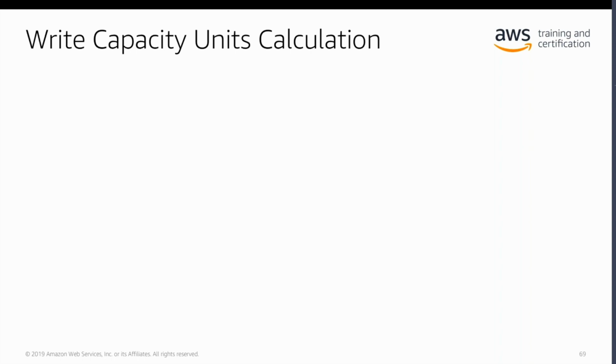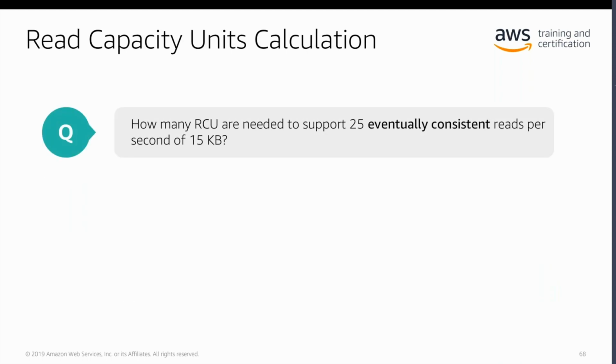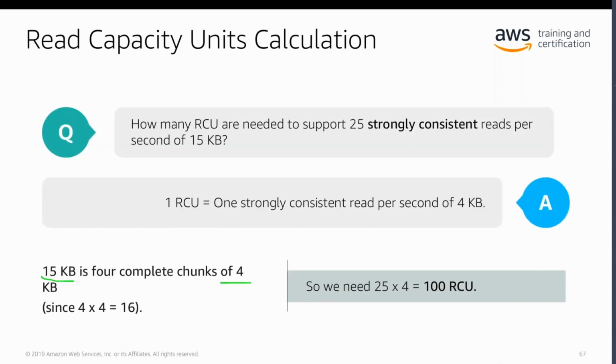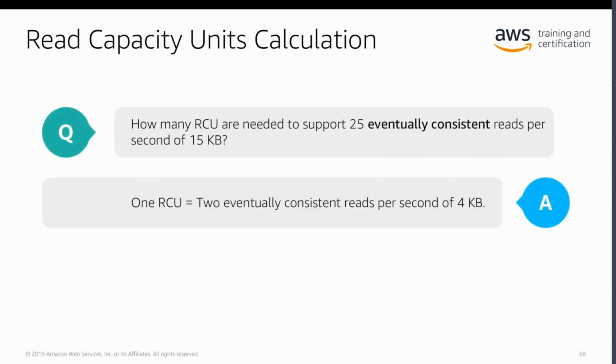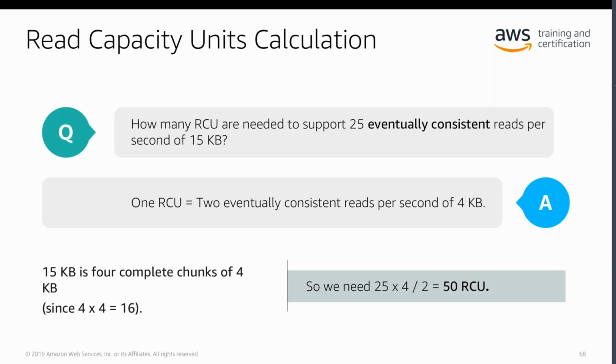Oh, I'm sorry. Let me back up one more, because one thing I didn't point out in that particular calculation: this is strongly consistent reads. So we need 100. If I was going to do eventually consistent reads, that calculation is slightly different. If we're doing that same exact formula, but our reads are eventually consistent, again we would need 4 of those for every read.